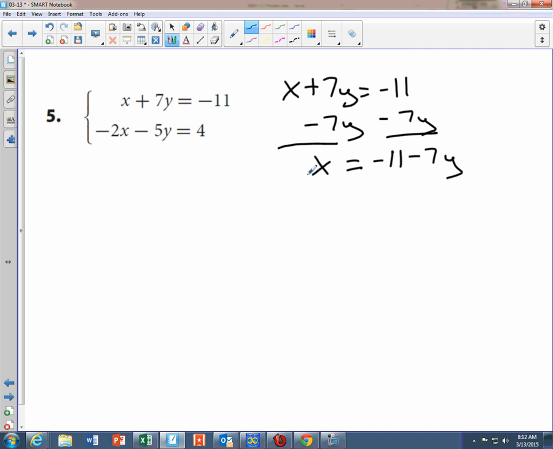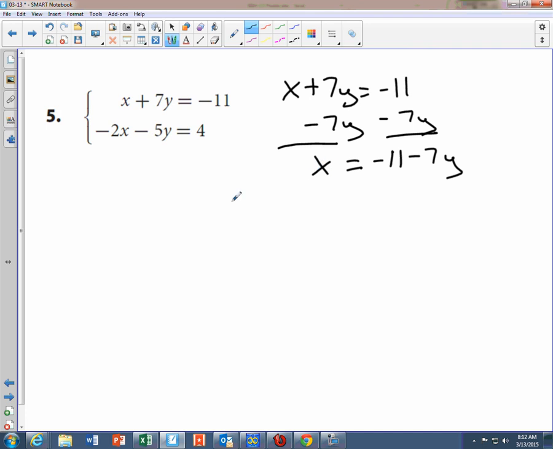Take a look at step 2. Priscilla, what does step 2 say to do? Substitute the expression for that variable. So substitute that expression, this side, in for the variable you solved for, into the other equation. What variable did I solve for? X. Class, what variable did I solve for?